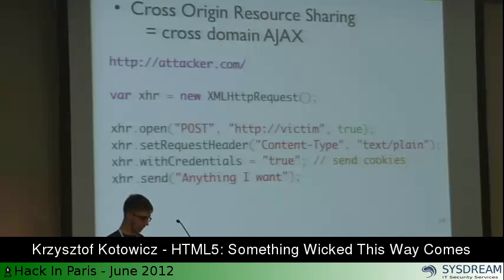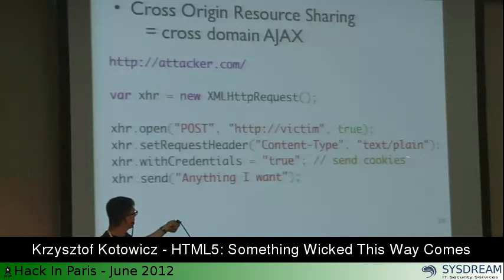And what is the setup? Well, the setup is that I need to lure Bob into visiting my page. And within that page, there is simply JavaScript code constructing an XML HTTP request object and sending a POST request to the victim. This is a photo sharing site, for example.